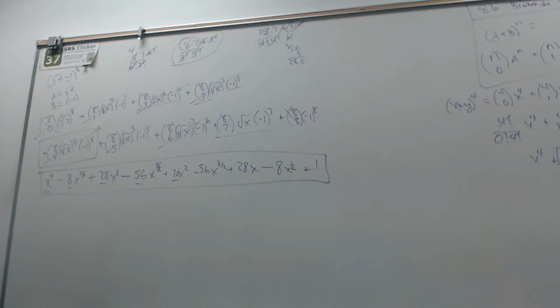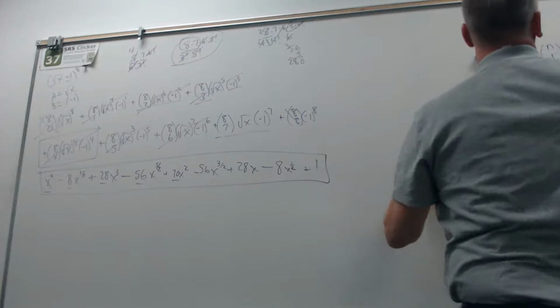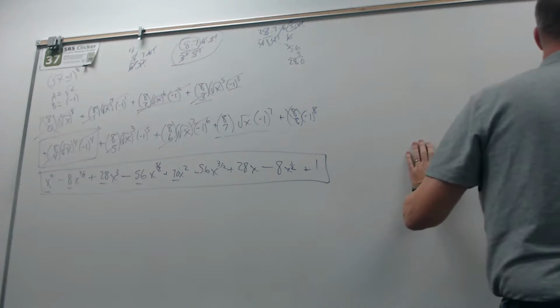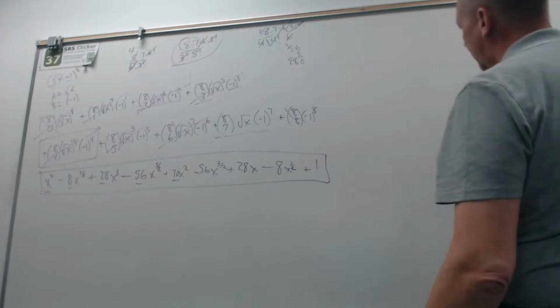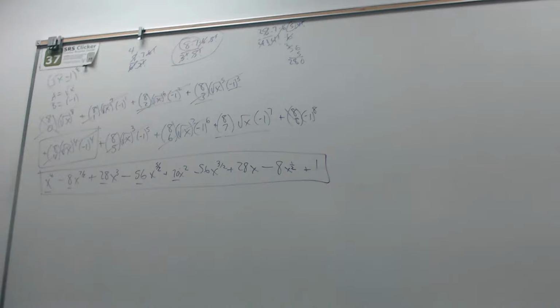Okay, so here we go. Let's do this one. Okay, how about this one? This is a good test question. Because probably don't want to go beyond 8, it would be awful, right?